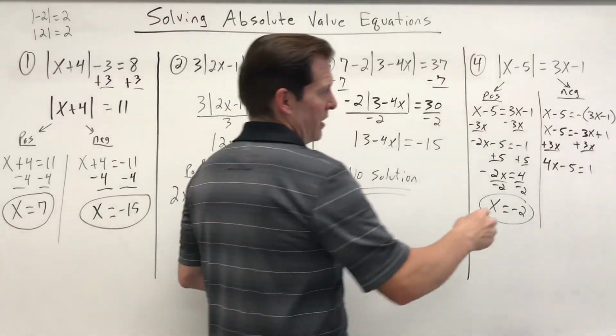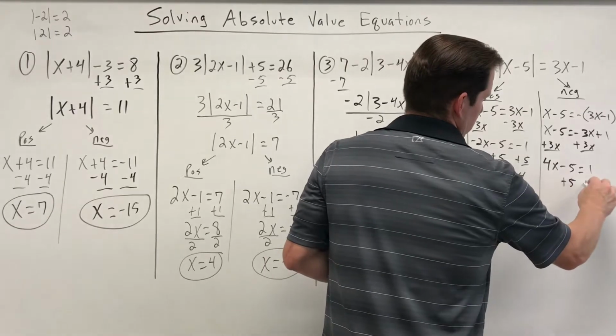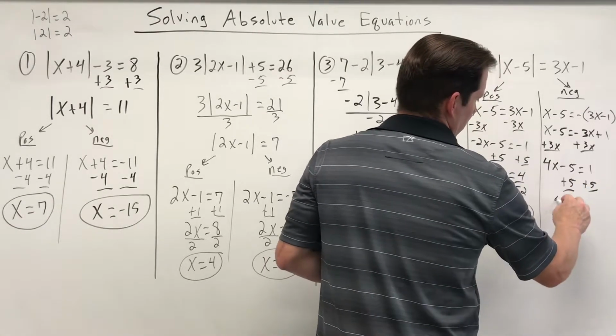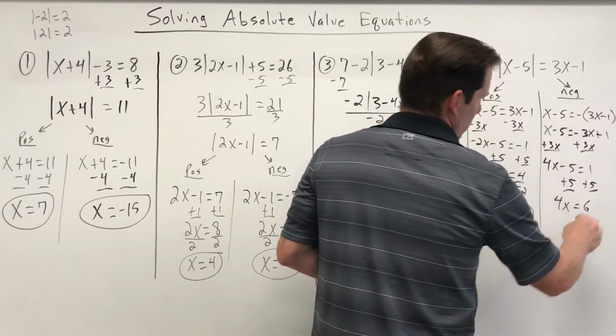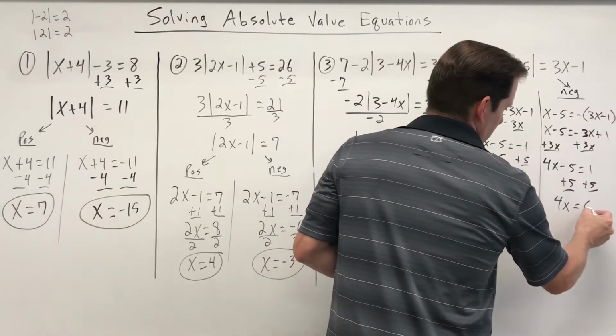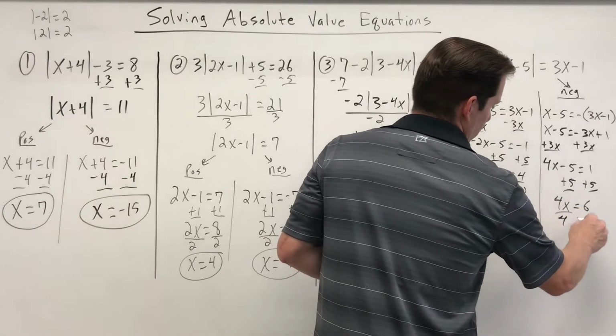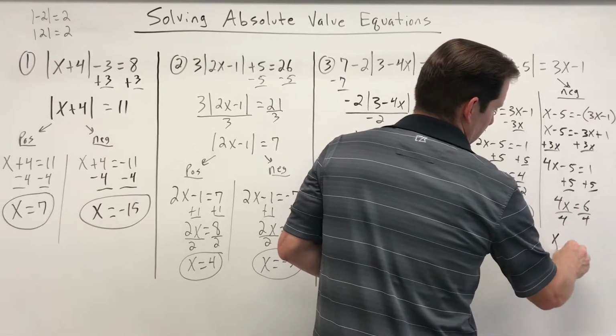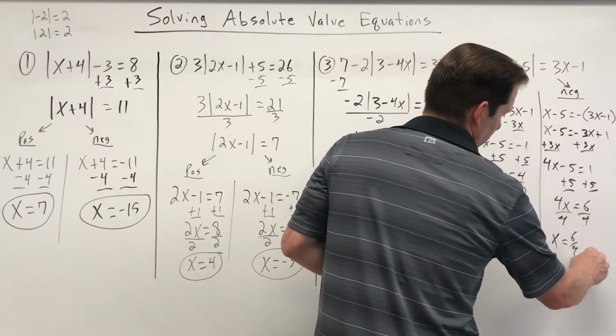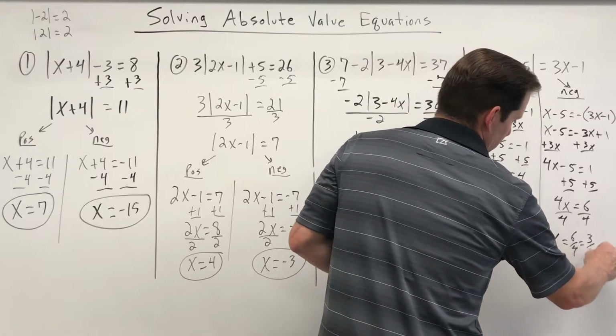Then I'm going to add 5. And that gives me 4x is equal to 6. And then, of course, I'm going to divide by 4. So x is equal to 6 over 4, which is 3 over 2.